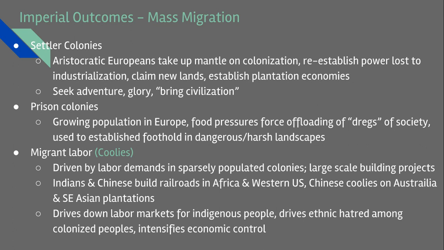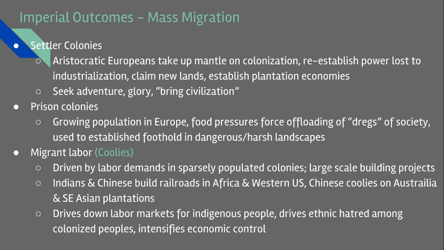In a lot of cases, the people who are settling in these colonies are the former aristocracy from Western Europe. In the 19th century, a lot of these aristocratic families in Western Europe have really lost the majority of the power and the status that they've had in Europe thanks to industrialization.